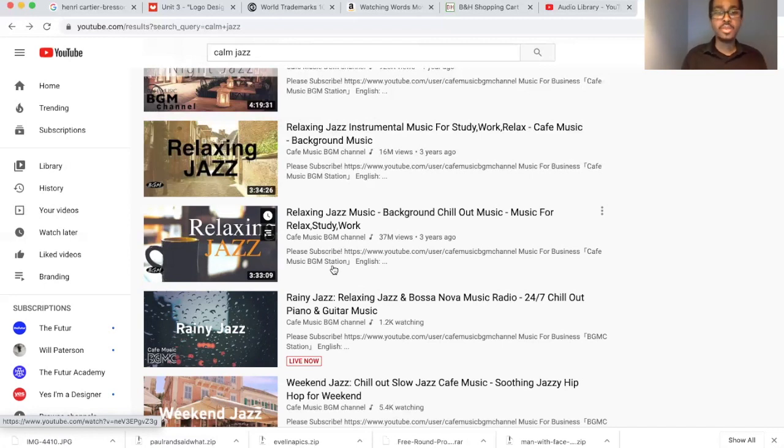Not just because the word relaxing is in the title, but because this cup of coffee suggests, or it could be tea, but this cup of coffee or tea, warm drinks, hot drinks usually represent what? Relaxation, trying to warm up, not taking things too quickly, but, you know, moving through the world at a very calm pace.